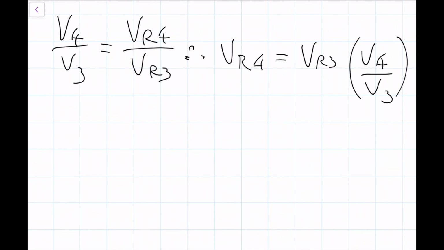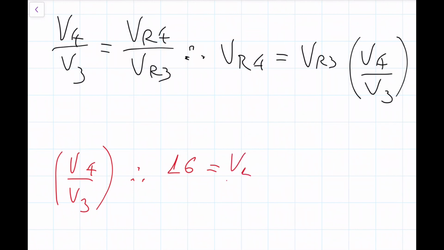Check it out. So for now, let's just do V4 over V3. You guys remember that we have the compression ratio of 16, which is V1 over V2.